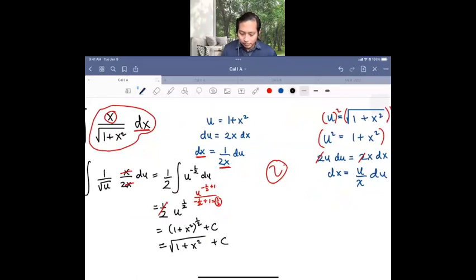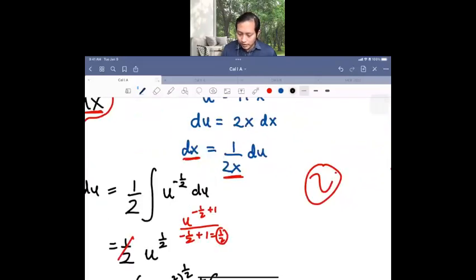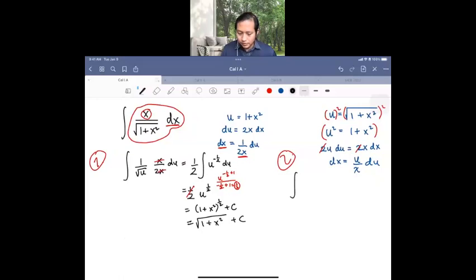Okay, now we can exchange and write down the integration. Let me write the integration. This becomes u, the square root of 1 plus x squared, and dx will be u over x du.